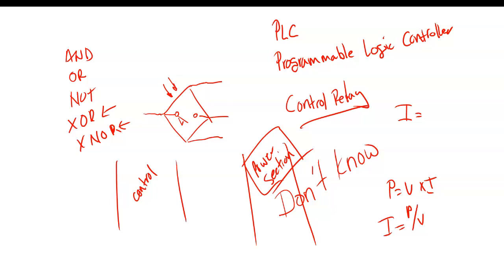So PLCs are operating where? Over here. And we usually use 24 volts DC. 24 volts DC now. Well, I mean, 26 volts.